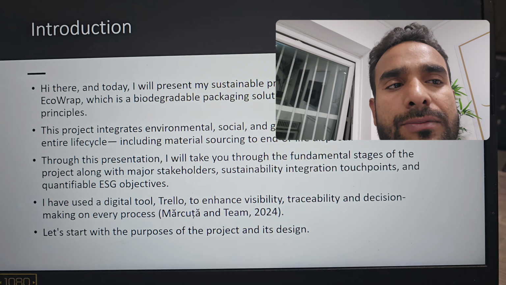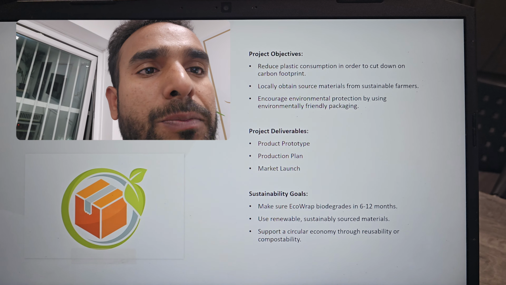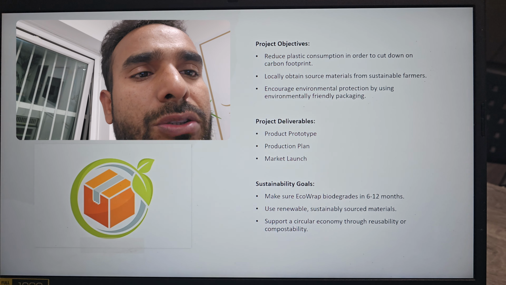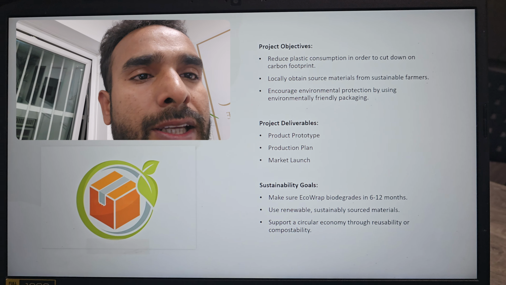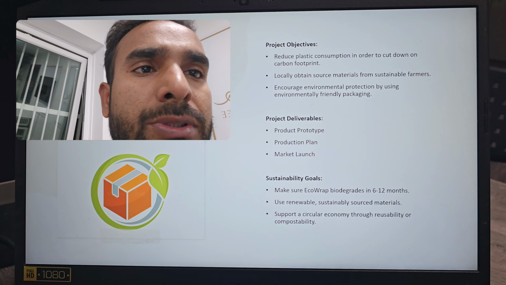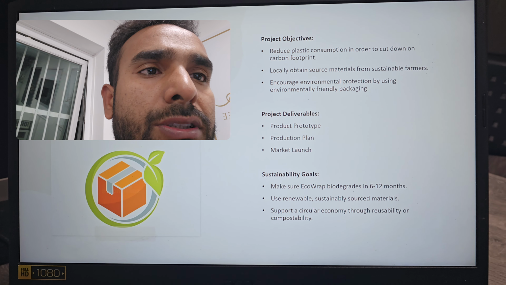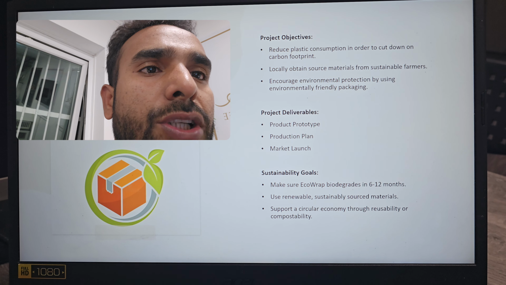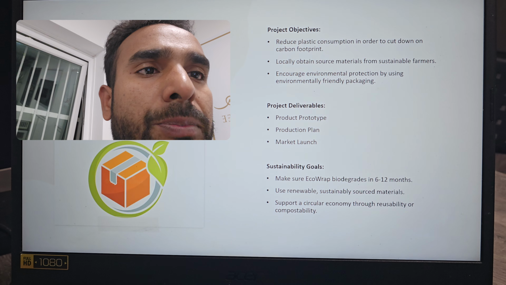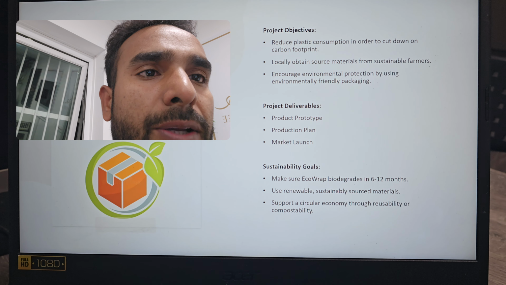Here are the partitions: the first one is the project objective, the second is the project deliverables, the third is the sustainability goals, and another is the stakeholder groups and roles. Project objectives include reducing plastic content in order to cut down on the carbon footprint, and locally sourcing materials from sustainable farms.